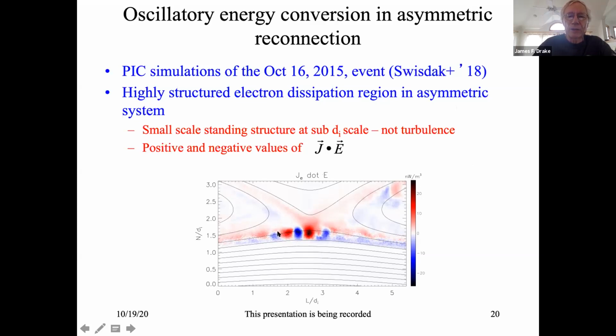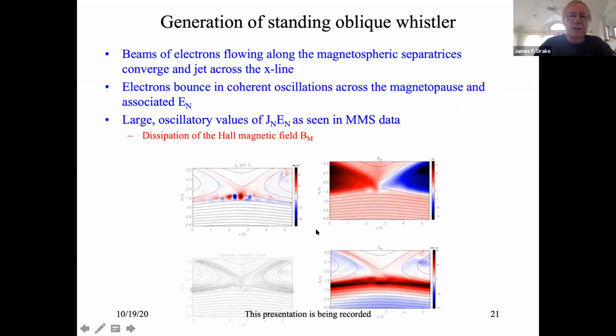And this is not turbulence, it's a standing structure. It just sits there for long periods of time, so it's not like waves moving back and forth. This is a standing wave structure in the electron dissipation region. And this comes about because of beams of electrons flowing along the separatrices that converge and jet across the X-line.